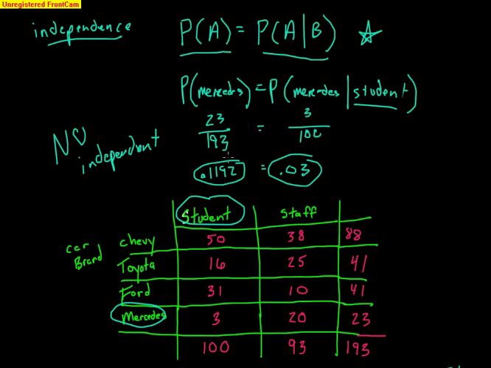A student only has a 3% chance. So something about being a student lowered my chance of owning a Mercedes, thus showing that being a student affected my probability of owning a Mercedes. And that is the definition of not independent. Remember, independent says A is not affected by B. But I just proved that A, owning a Mercedes, was definitely affected by being a student.